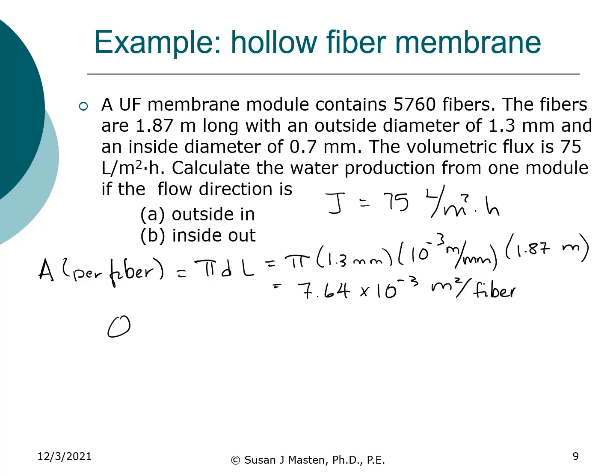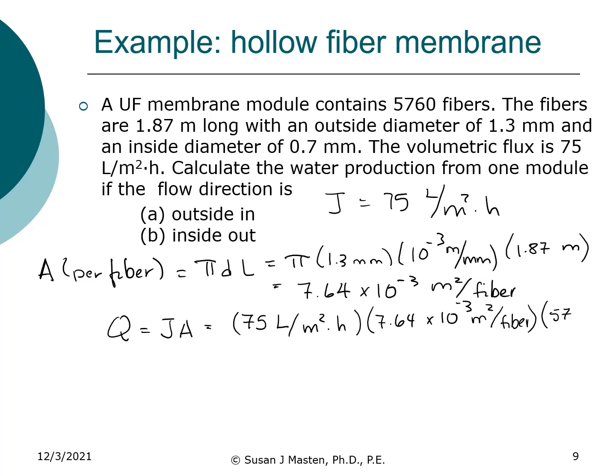So the flow rate is equal to the flux times the area, and our flux is 75 liters per meter squared per hour times 7.64 times 10 to the minus 3 meters squared per fiber times 5,760 fibers. And that is equal to 3,300 liters per hour. Okay, so this is with an outside-in configuration.